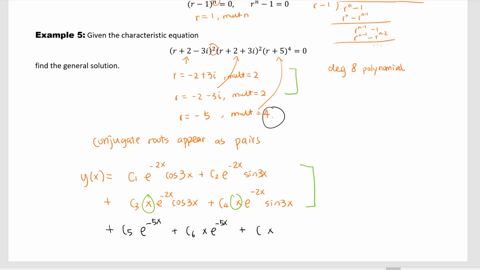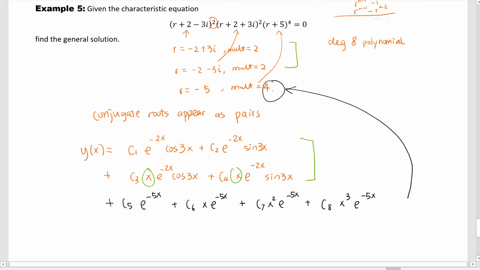The next one is c7 x squared e to the minus 5x and c8 x cubed e to the minus 5x. See, we have 1, 2, 3, 4. So we have 4 constants. All right, 4 constants corresponds to degree 4 multiplicity.